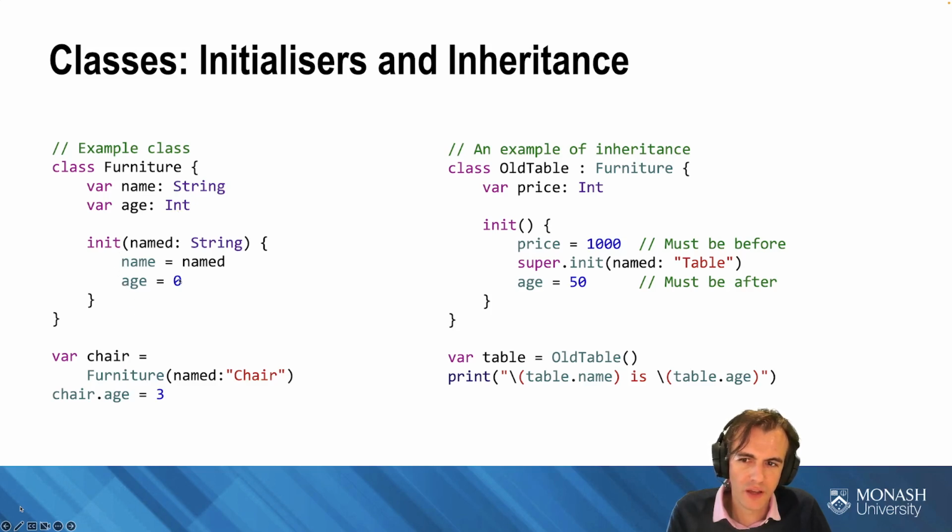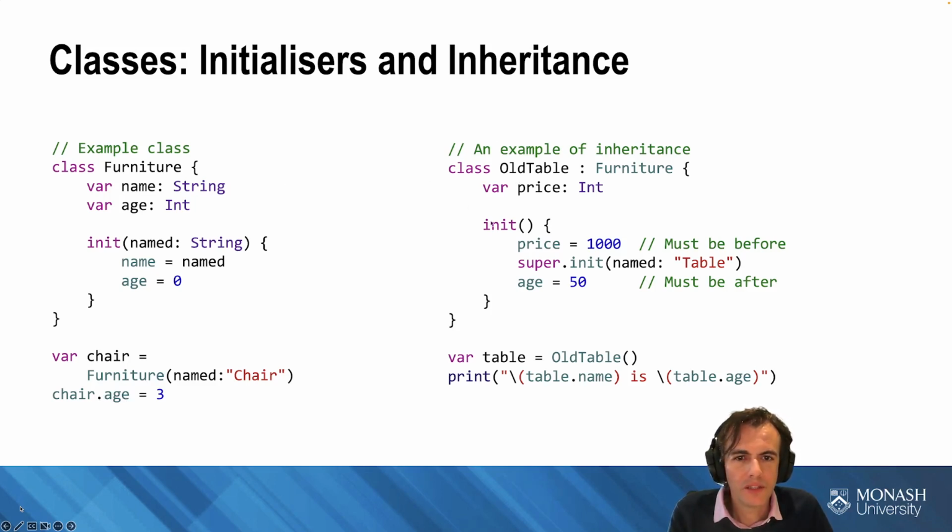If you didn't have age equals 0 here, it would give you an error and say that you'd never initialized age in the initializer. When we want to create an instance of a class, we do it by just saying var chair is Furniture, named chair, and then later if we want to set one of the values of these properties, we can just use this dot syntax to refer to a property.